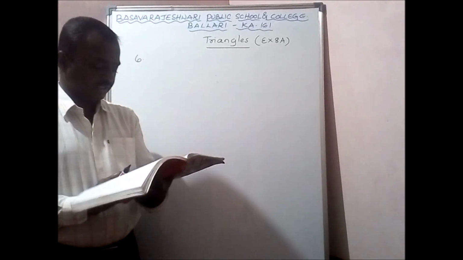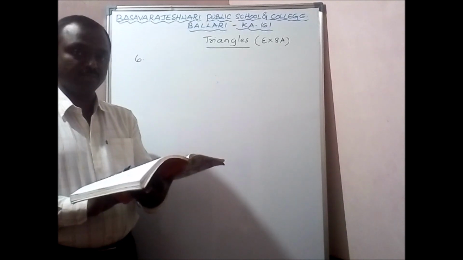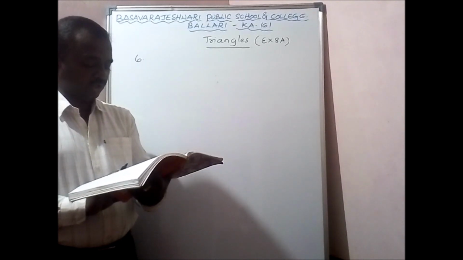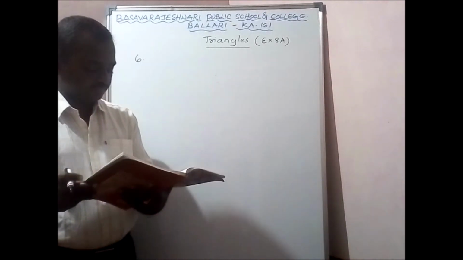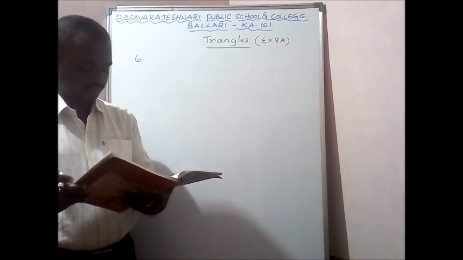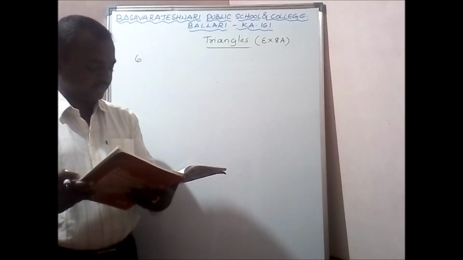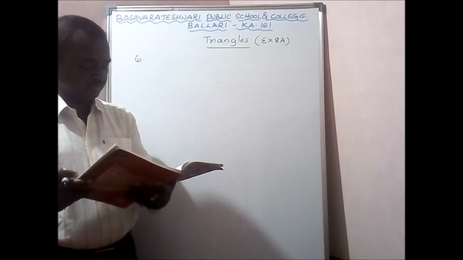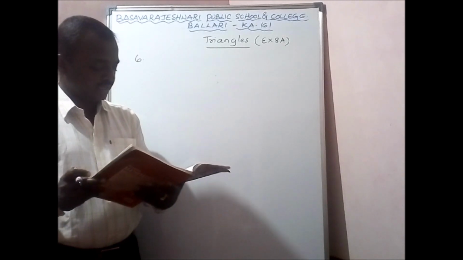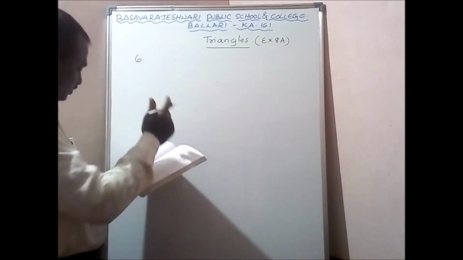In the given figure, PA is perpendicular to AB, QB is perpendicular to AB, and PA is equal to QB. If PQ intersects AB at M, show that M is the midpoint of both AB and PQ. So first we will draw the figure.